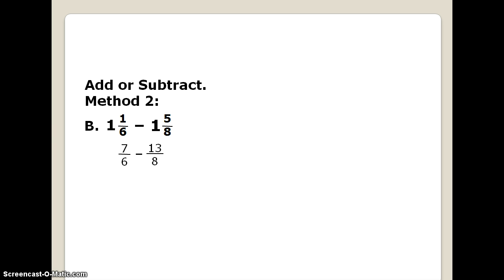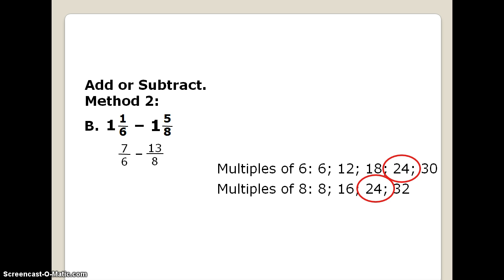Method 2 would tell us to find the least common denominator. So let's look at the multiples of 6 and 8 so that we can find that number. When you're looking for a common multiple, you just list out numbers for a while until you see one that they share. So with 6, we might go 6, 12, 18, 24, and 30. With 8, we might go 8, 16, 24, 32.